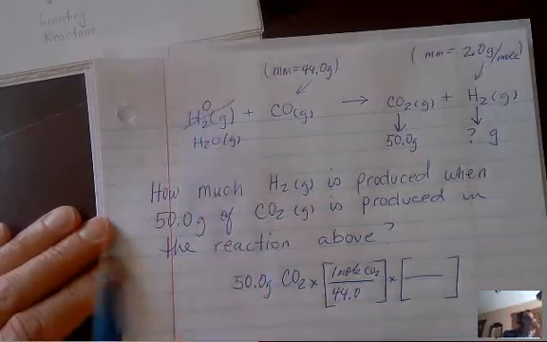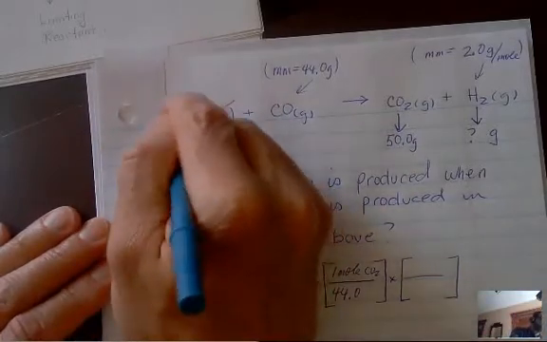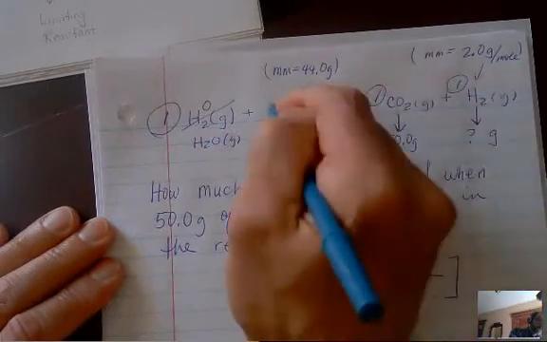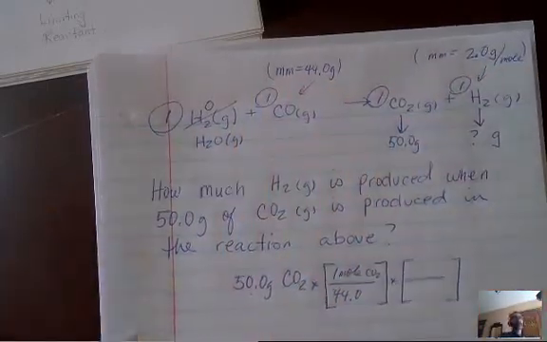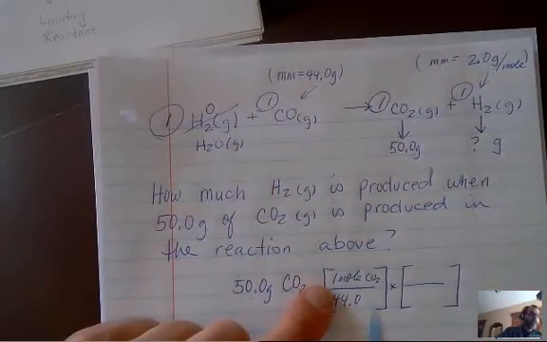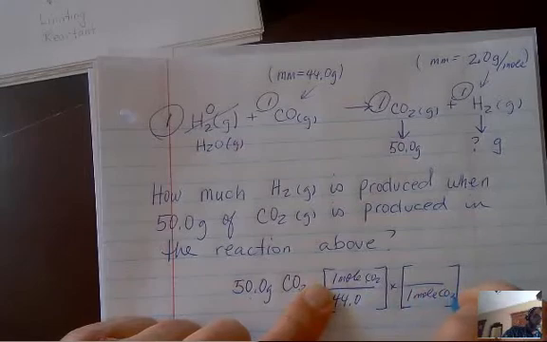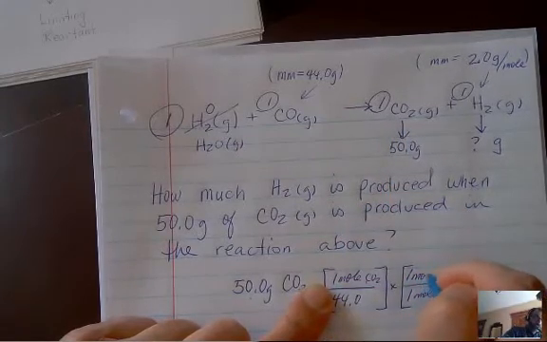Sorry, I had the error up here, but this is a 1, this is a 1, this is a 1, and this is a 1. So all the coefficients are 1. So for every 1 mole of carbon dioxide that came out, since it's a product, 1 mole of hydrogen also came out.